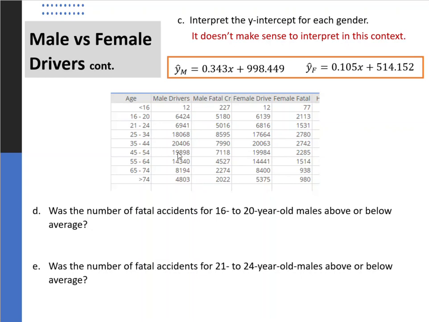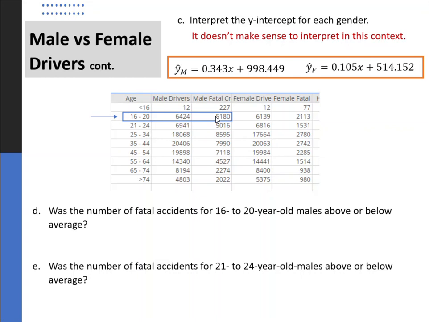This is the actual data. These are the actual numbers of drivers, and these are the actual numbers of fatal crashes. In this particular question, we want to identify this information for the 16 to 20-year-old band, so we're going to look at this row. The 6424 represents the number of male drivers, and the 5180 represents the actual male fatalities.